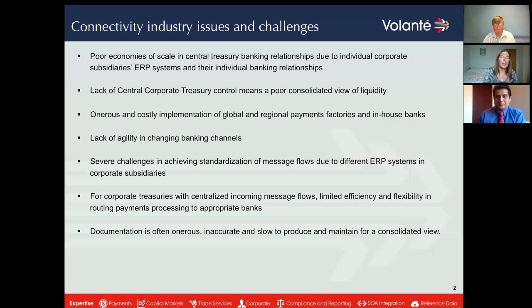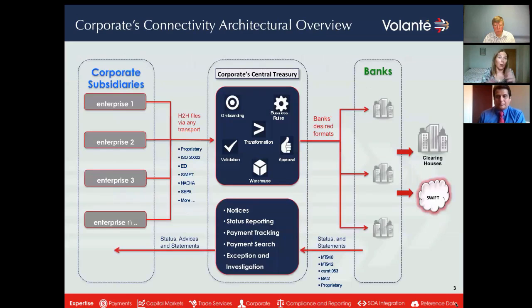Think of it as moving it down, so that your subsidiaries are now the corporates and you as the central treasury are going to look like a bank to them. So the diagram remains the same, the approach remains the same, but you're now taking the connectivity optimization into the subsidiaries. Is this how it works?